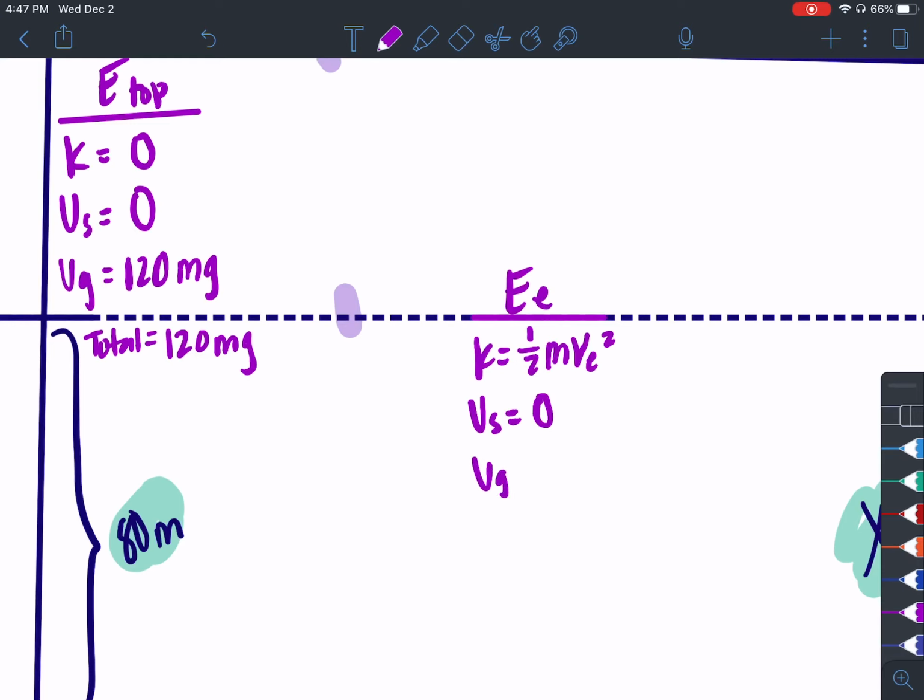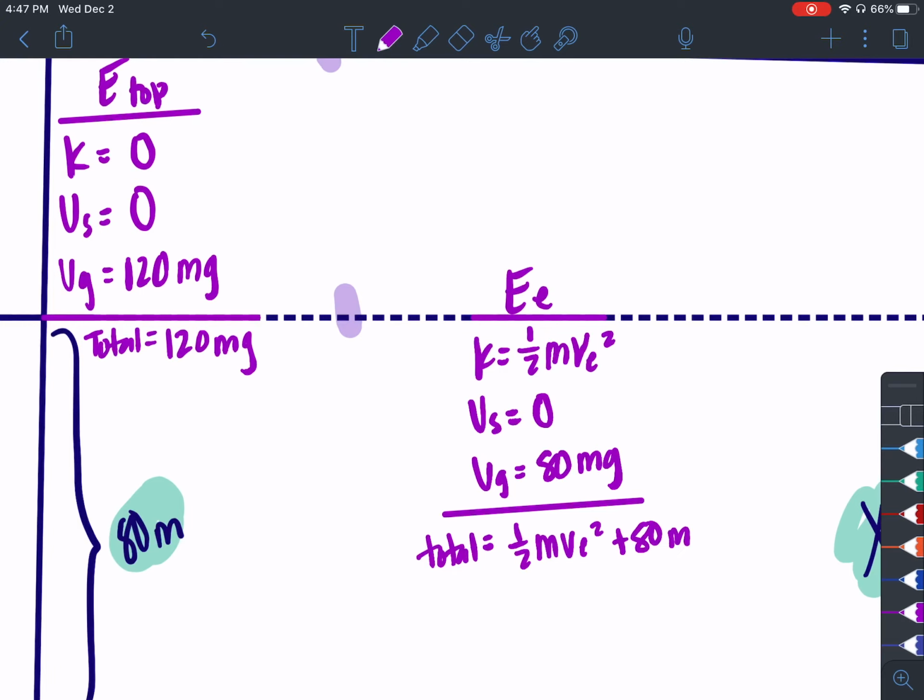And then U_G, once again, this is talking about the change. We've gone 40 meters down. So we started 120, we've descended 40, so 120 minus 40 is going to give me 80. That means that we can go ahead and say here that the total is going to be 1/2 m v_e squared plus 80 mg.